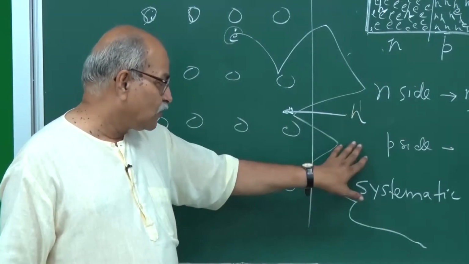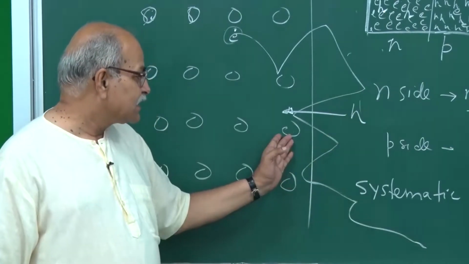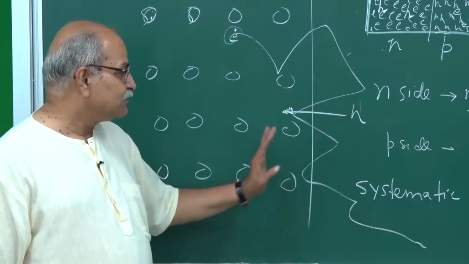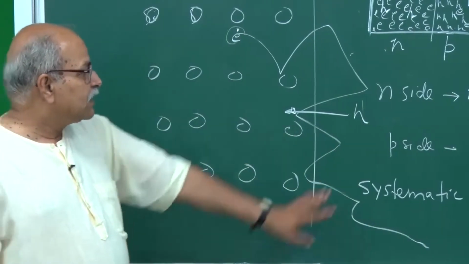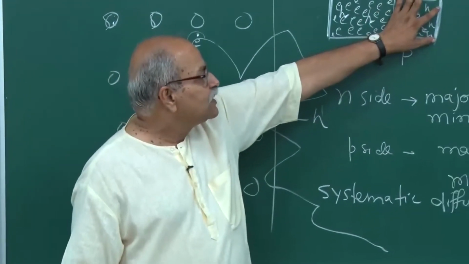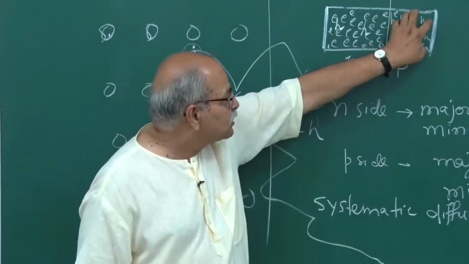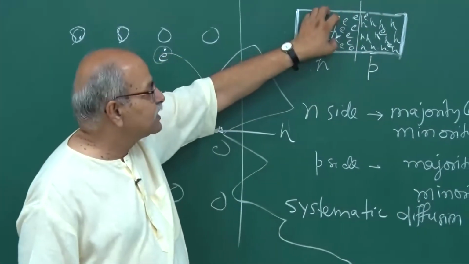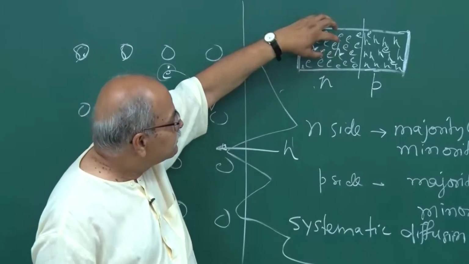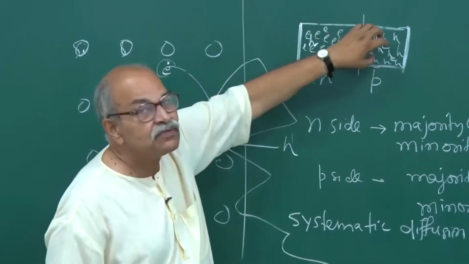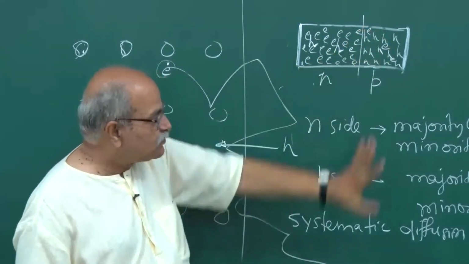So, this hole is gone from here and a new hole is created here. We say that this hole has diffused. So, since a large number of holes are there, once again the diffusion of holes from right to left in this figure will be much larger than the diffusion of holes from left to right, and hence what will happen?